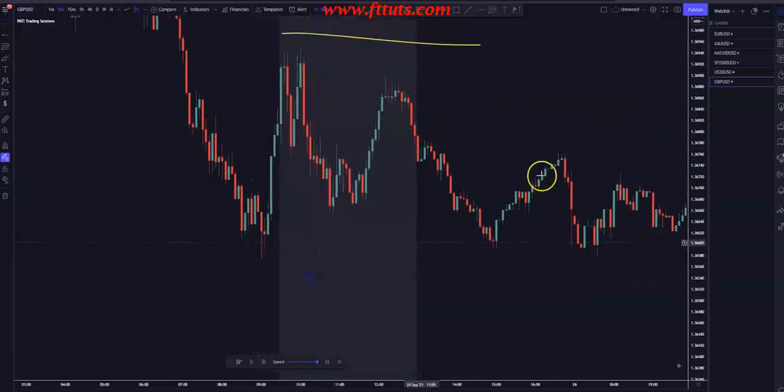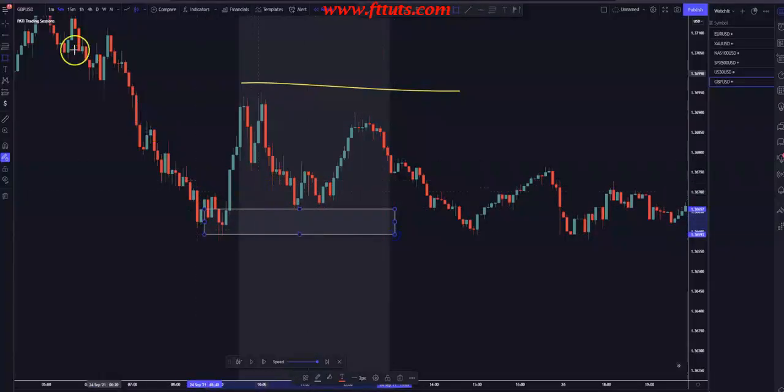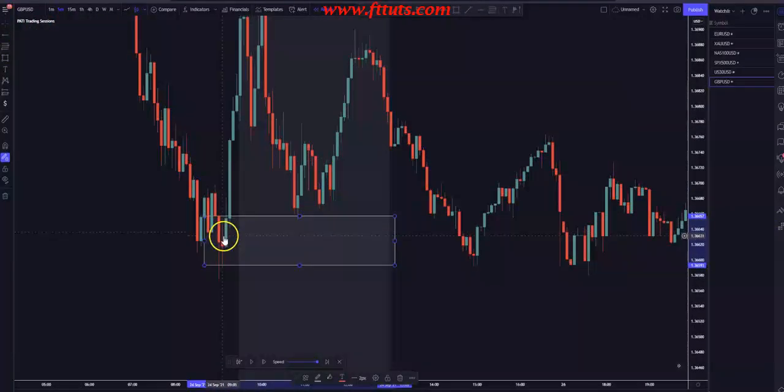Next setup. Now right here, look at this one. Order started down here, but it didn't have a gap connected to it because that last down candle got filled in with this drop right here. It pushed out, but then it came back in, so that didn't have a gap.